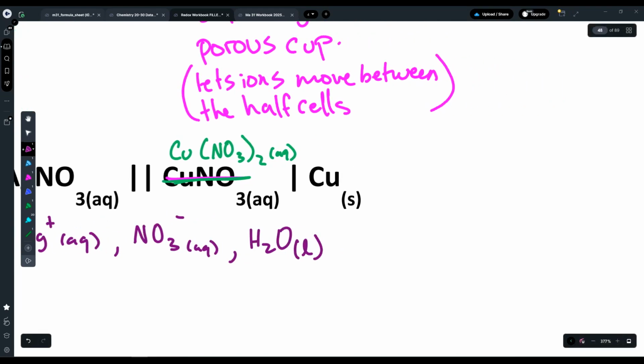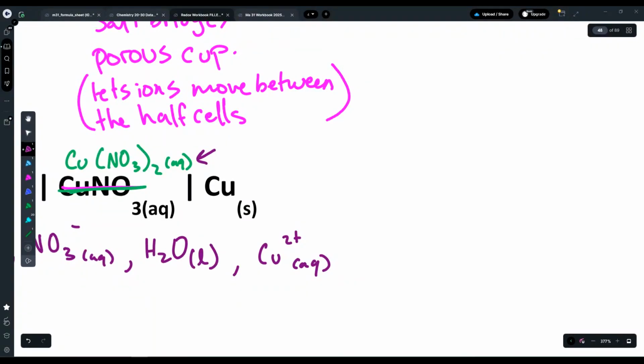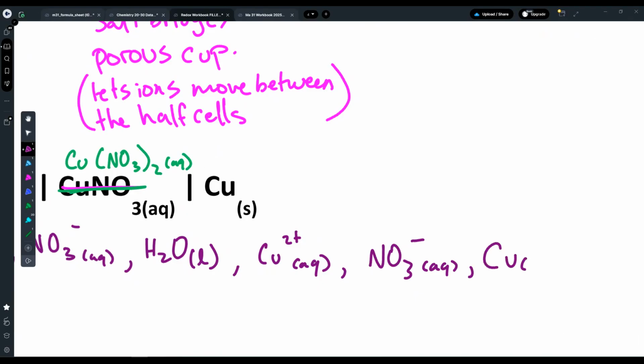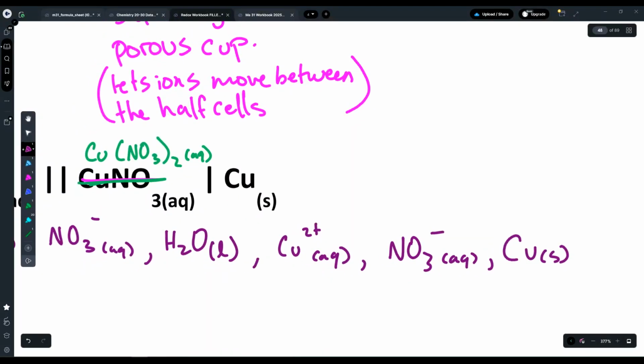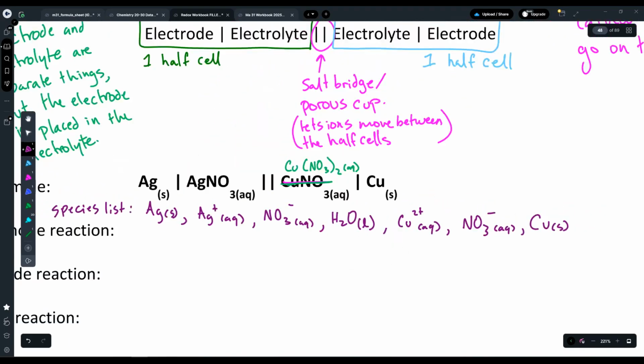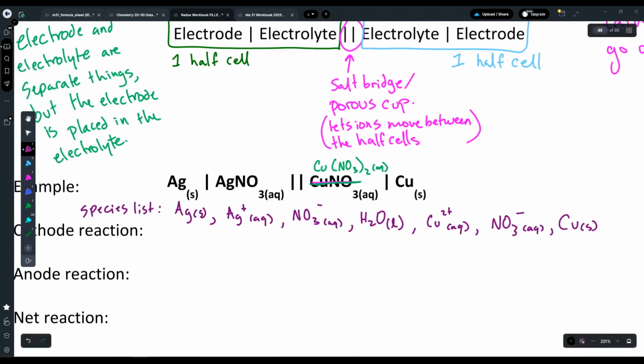Okay, and then we've got copper 2+, aqueous, because again, this is aqueous and it's an ionic compound, so we can assume that it dissociates. And I'll just write nitrate again here, just to make sure it's covered. And then we've got copper solid.